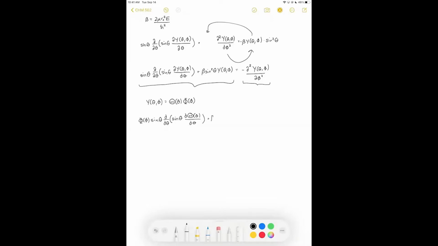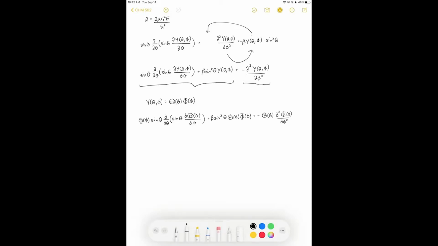And then we'll have plus beta sine squared, our function of theta times our function of phi. And then on the phi side of the equation, we'll simply have negative our function of theta times two derivatives of our function of phi with respect to phi.